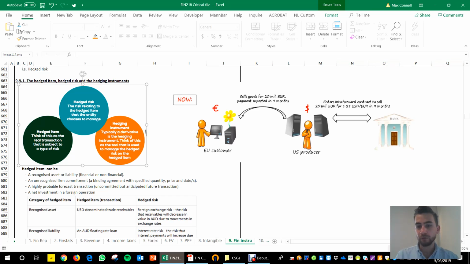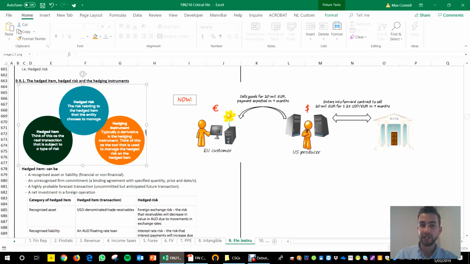However, if you enter into a forward contract, the value of that forward contract inversely increases or decreases. For example, if you've lost money on this initial financial instrument, say the transaction today was worth 20 million US dollars, but if you had just waited for the natural fluctuation in the exchange rate you would have only had to pay 19 million, then when we revalue it you're going to have a loss in your P&L.